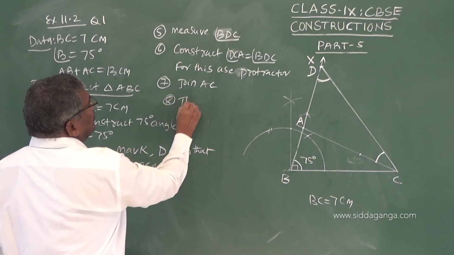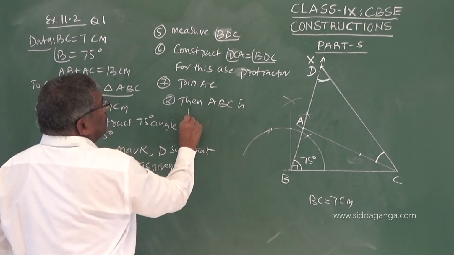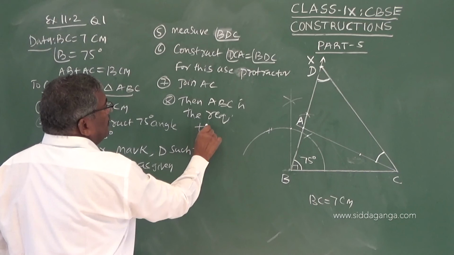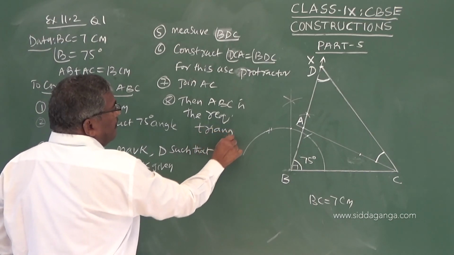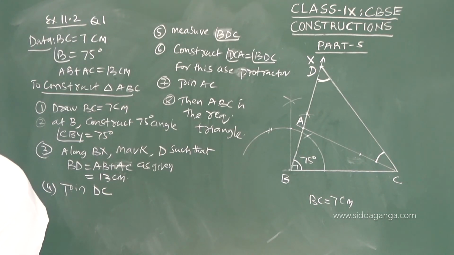Eighth, then ABC is the required triangle. So this completes question number 1.